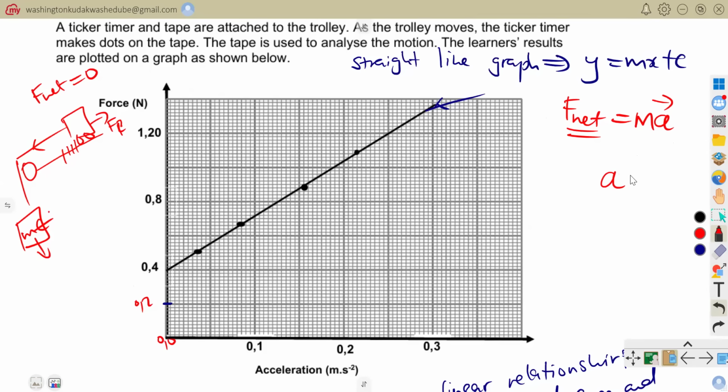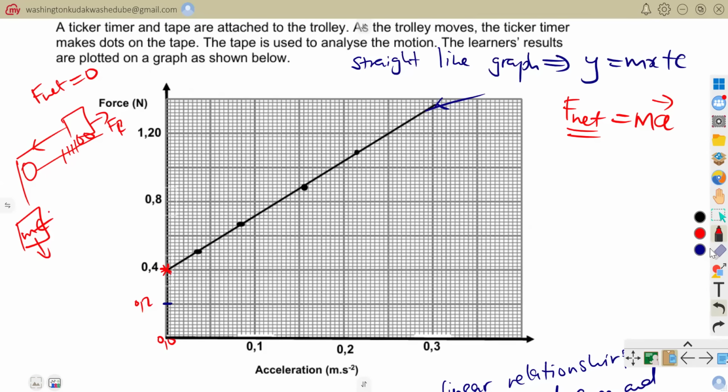When acceleration is equal to 0, that net force would be equal to 0. Okay, fine. If that is the scenario, how do I now incorporate this y-intercept?